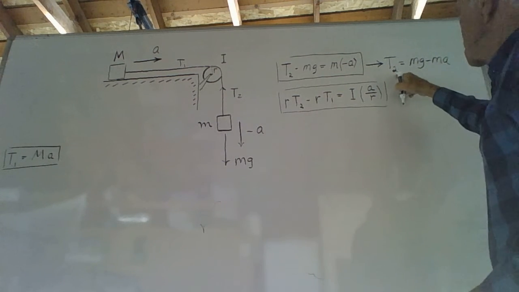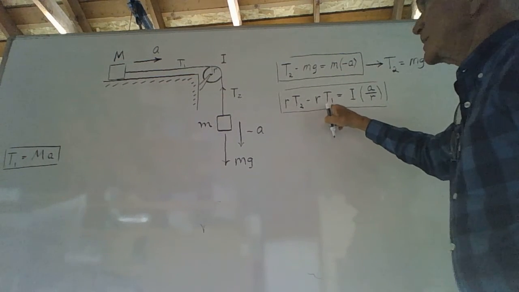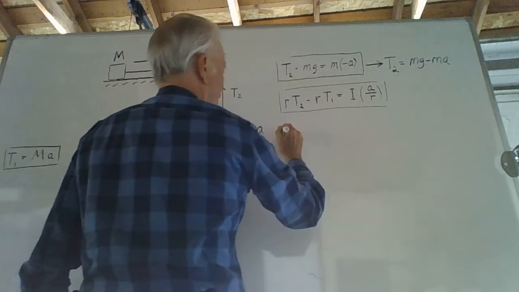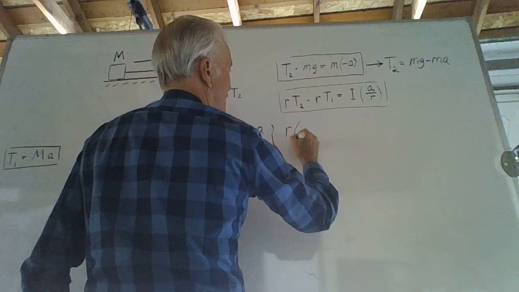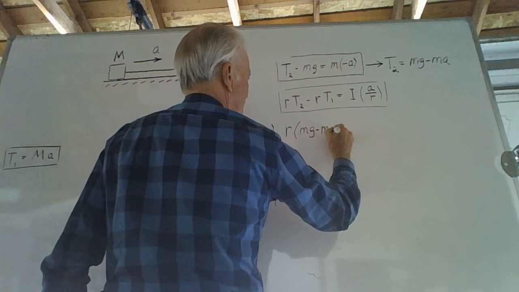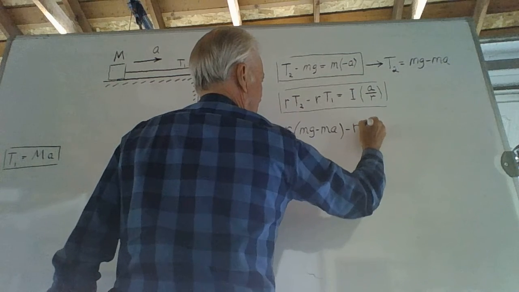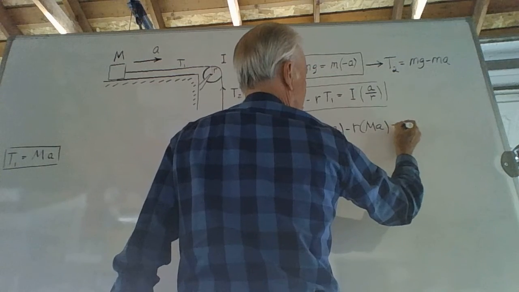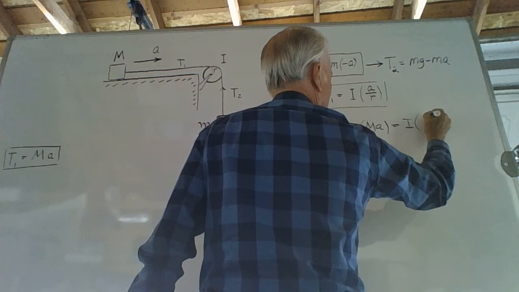I'll now substitute this expression for T2 into that location and substitute into this location that expression for T1. And so we have R times (mg minus ma) minus R times uppercase M A, and that equals I times (A over R).